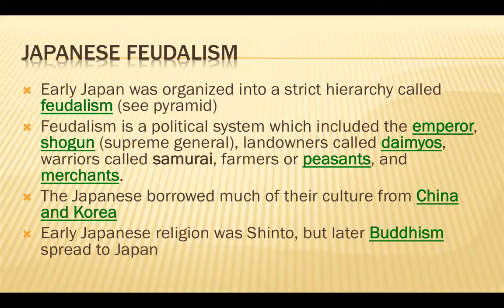Most of Japan was originally Shinto, but that does change a bit as it starts to go towards Buddhism, which comes from India originally, then finds a stronghold in China, and then moves from China into Japan.